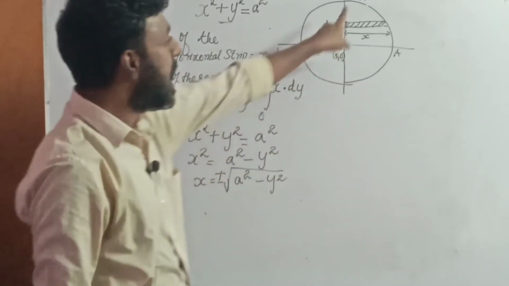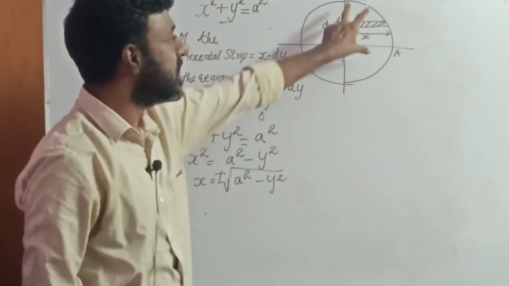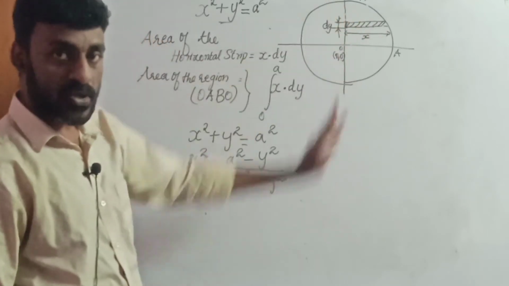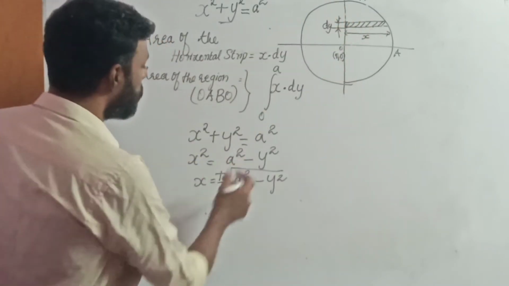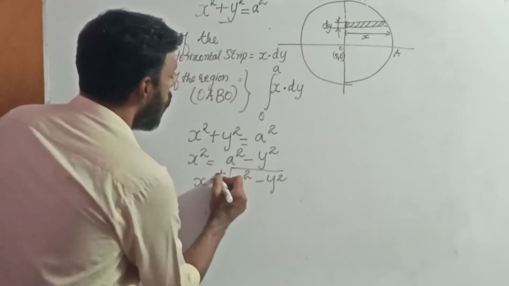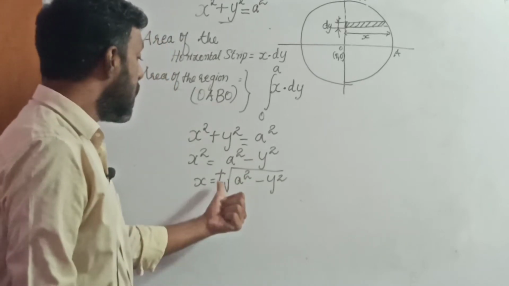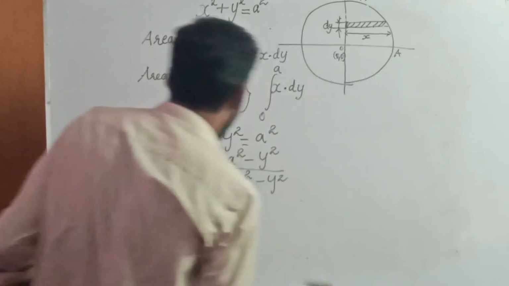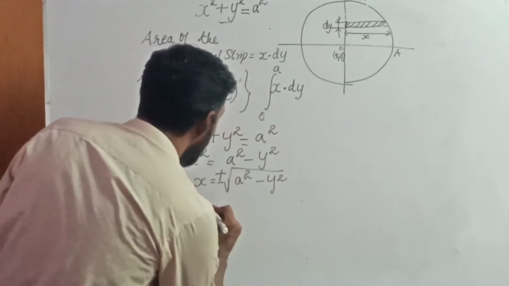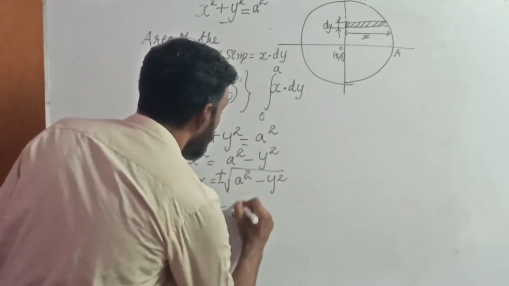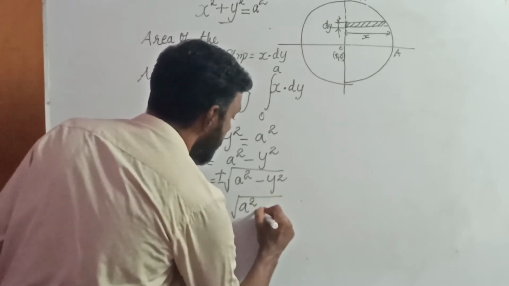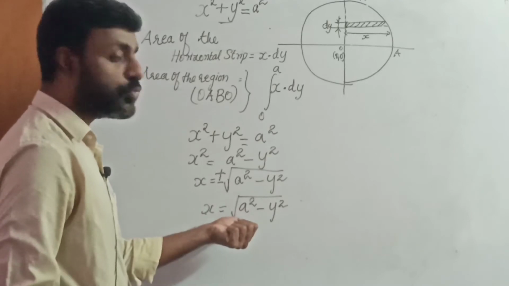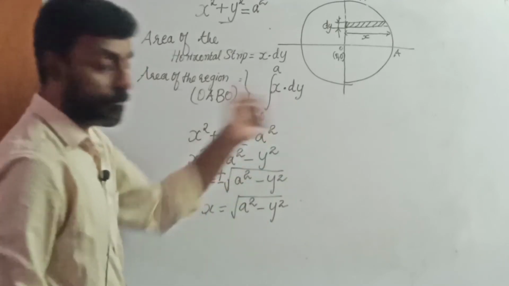Since we are considering the first quadrant, in the first quadrant all are positive. So I am taking only the positive sign, and truncating the negative value. So x equal to root of a squared minus y squared will be my x value. I am going to substitute it over here, right?